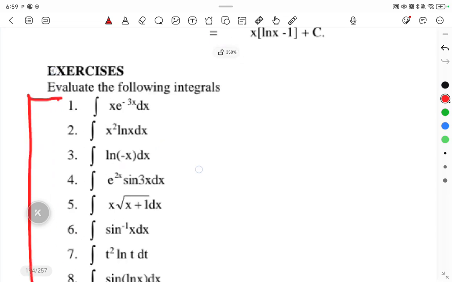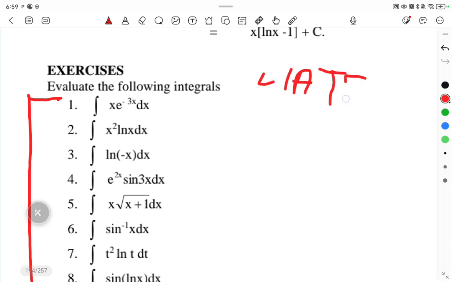So what I can do, I'll give you a hint. According to LIATE, I'll only underline the one that comes first. So let me write LIATE here. I'll do you a favor so that you don't have to struggle, right? But the other 5 I won't give you a clue. So I prefer you start with these ones.